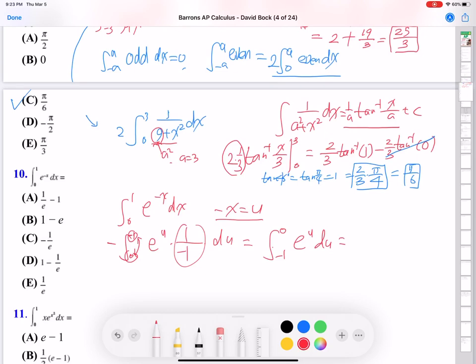So the integral of e to the u is just e to the u, from negative 1 to 0. Plug in 0 first. e to the 0 power minus e to the negative 1 power. 1 minus 1 over e. So 1 minus 1 over e. Where is that? D is the answer.